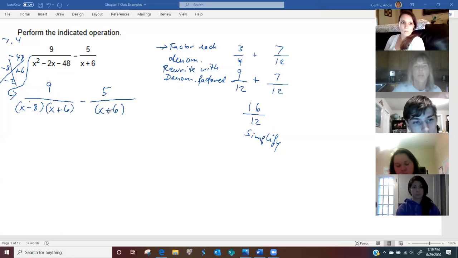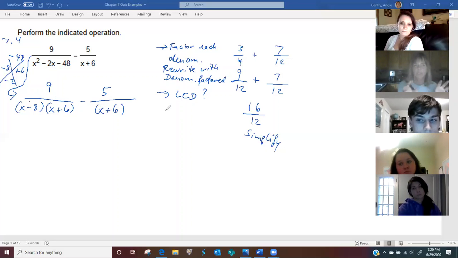Then you say, now I need to decide what my LCD is. The LCD is the smallest thing they all fit into. When you're finding an LCD, you list each factor the most times you see it. You need to look at these as separate items.